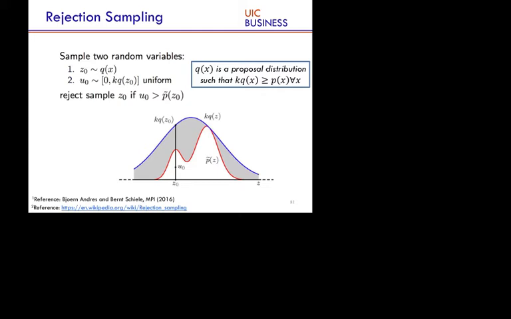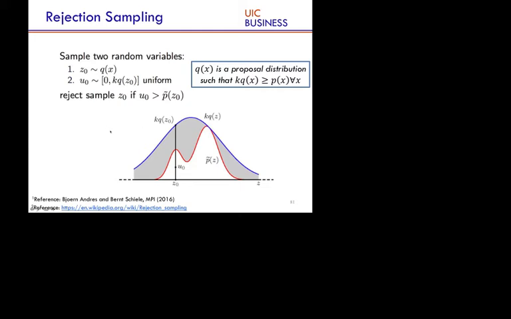I'm just checking whether this random variable is exceeding p of z naught or not. I'm using p tilde because sometimes you may not even evaluate p of z. You may only get, for example, in undirected graphical models, you may not know the normalization constant. So in this case, it will be scaled up, right? So if u is greater than p of z naught, you reject the sample, and if u is smaller than p of z naught, then you accept the sample.